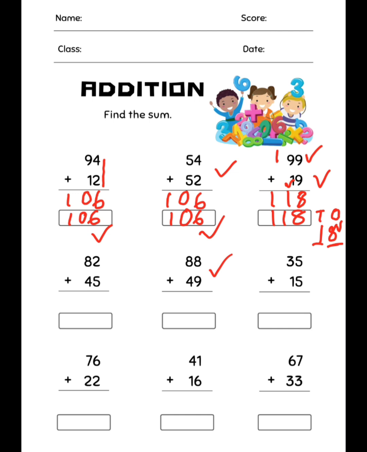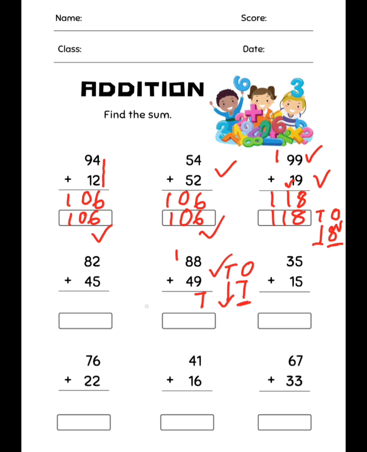Okay. Now count after 9. 10, 11, 12, 13, 14, 15, 16, 17. So you got 17. Now you are going to place the ones place friend under the ones place and 1 you are going to carry.